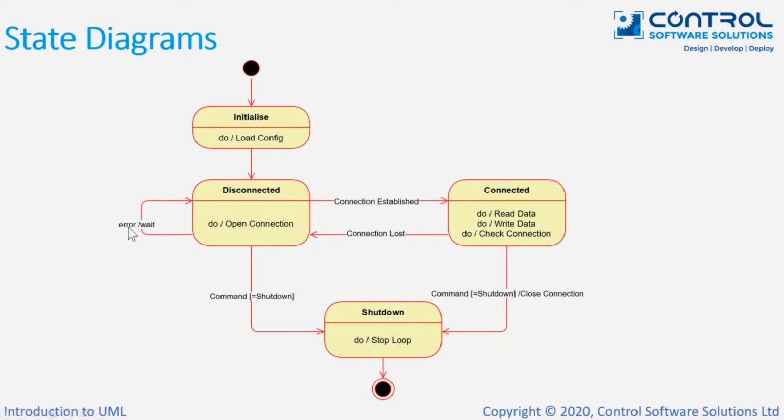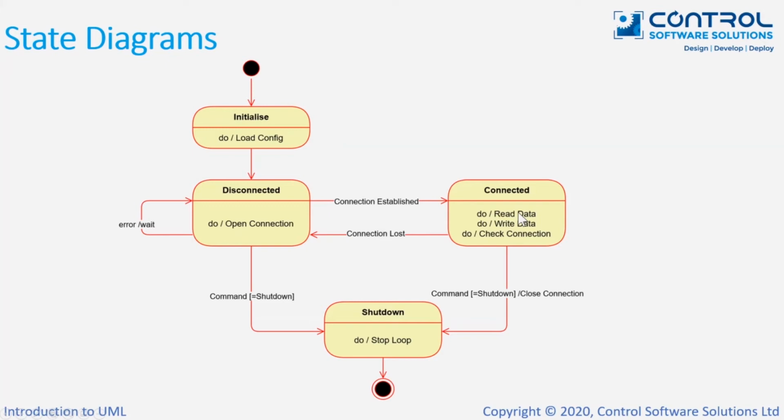So I've said error is the trigger, and wait is the behavior. So before retrying, I'm going to wait some undefined time. But basically, I'm just going to do open connection until a connection is established, at which point I'm going to transition to the connected state.